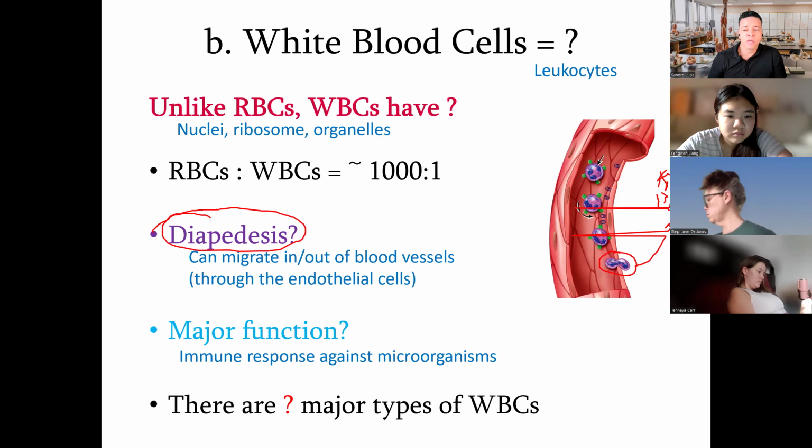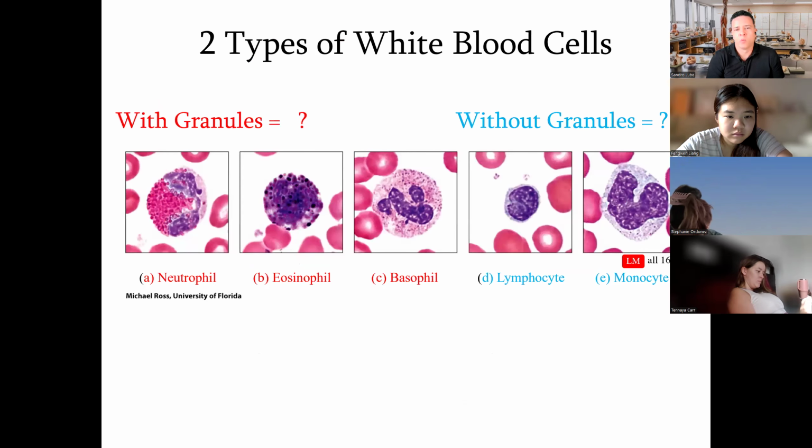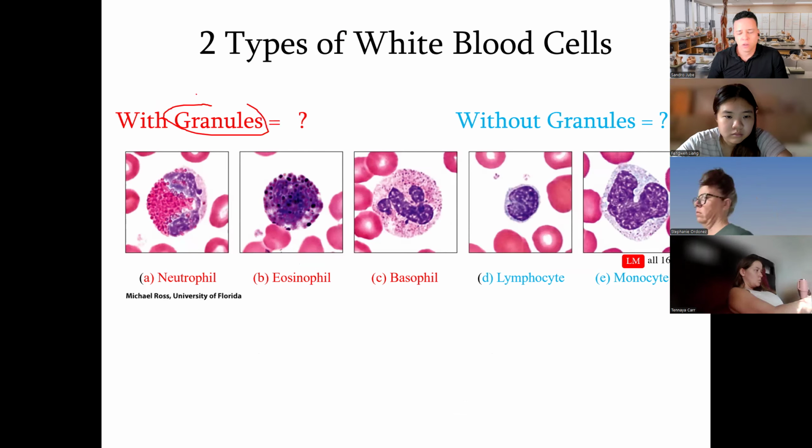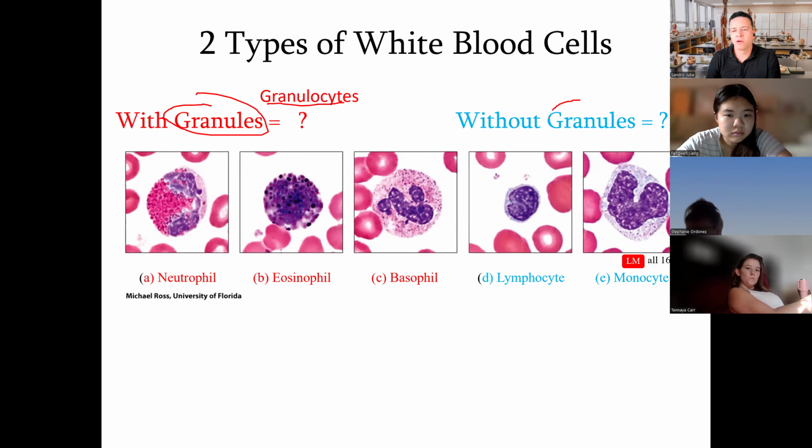And we do have two major types of white blood cells, and we're going to talk more about them. What are those two major types? We have white blood cells that contain granules. We call them the granulocytes. And we have white blood cells that do not have granules. We call them agranulocytes.